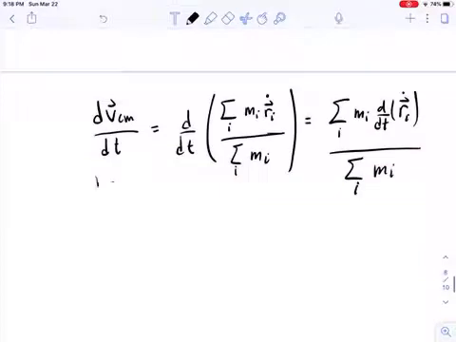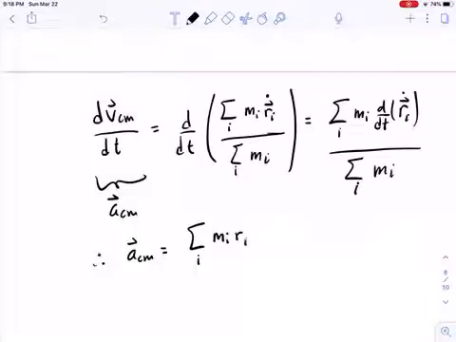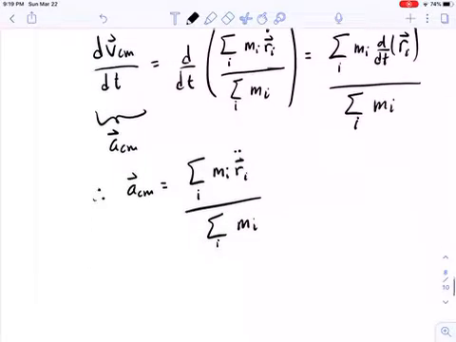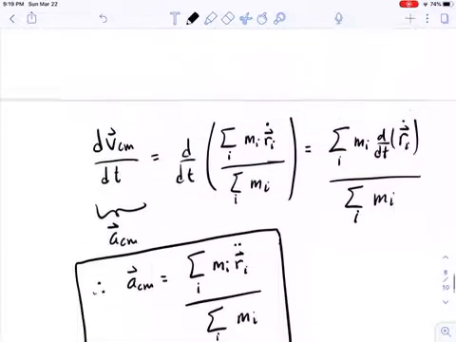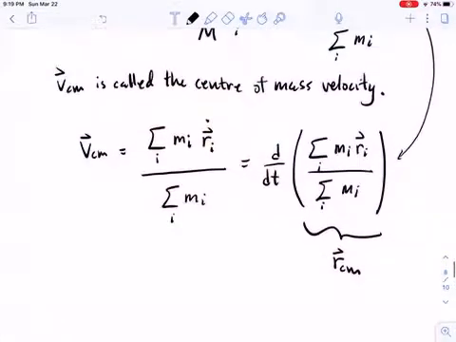And so the derivative of the center of mass velocity we will identify as a center of mass acceleration, such that the center of mass acceleration is the sum of i, mi, ri double dot divided by the sum of masses. So there's a center of mass acceleration.